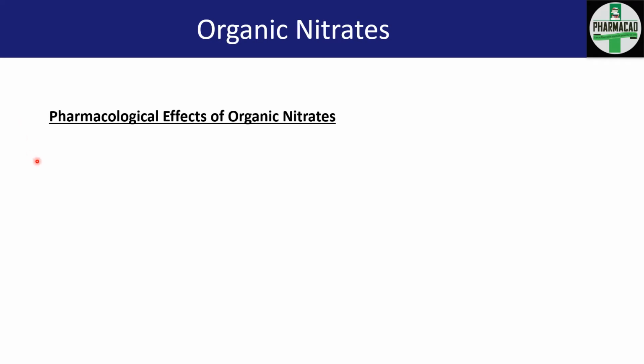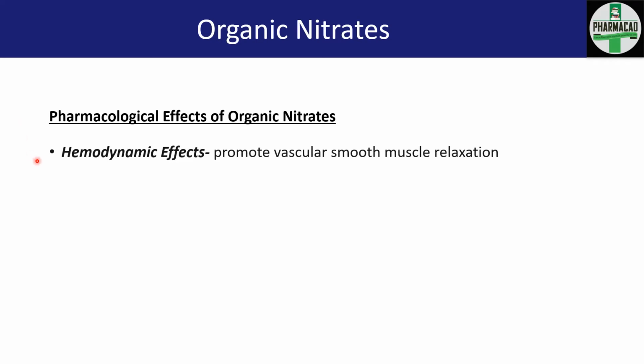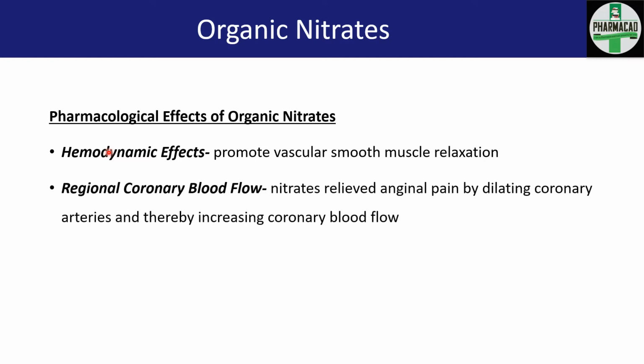The pharmacological effects of organic nitrates include the hemodynamic effect, where it promotes vascular smooth muscle relaxation, and that's how it causes vasodilation. It increases coronary blood flow by causing coronary blood vessel dilation. Since the blood flow is increased, more oxygen reaches the heart wall and the anginal pain will be relieved.